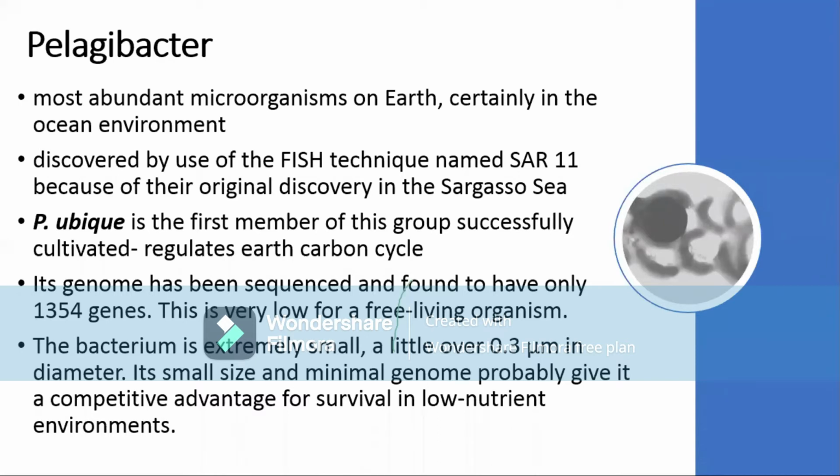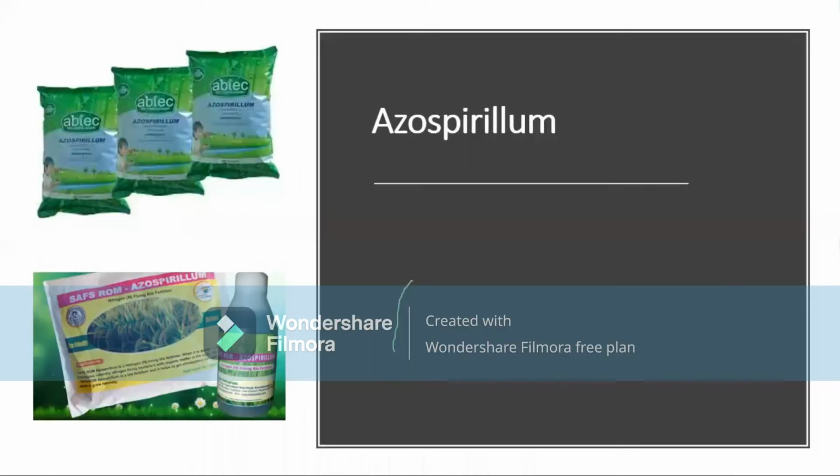Because gene expression also requires energy, so more genes, more energy consumption. So fewer genes, less energy consumption. So I hope that you can now relate how they are maintaining their abundance in the ocean environment.